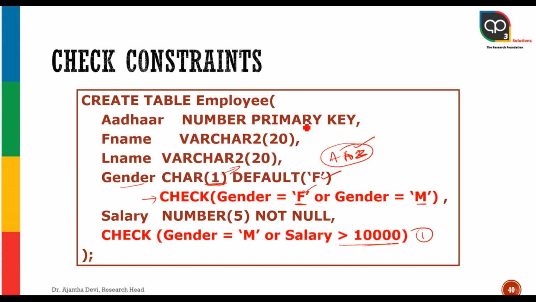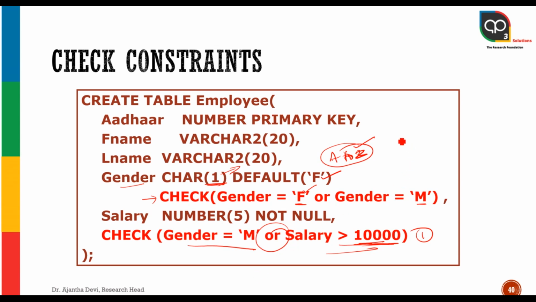And here, suppose your company has a policy that no employee should earn less than 10,000. Yes, you can enforce that directly in your table design itself. That is, it should be greater than 10,000. Dear friends, this ensures that invalid values are caught before they corrupt your data. So you can combine multiple conditions also, such as gender is equal to M, or salary is greater than or equal to 10,000.